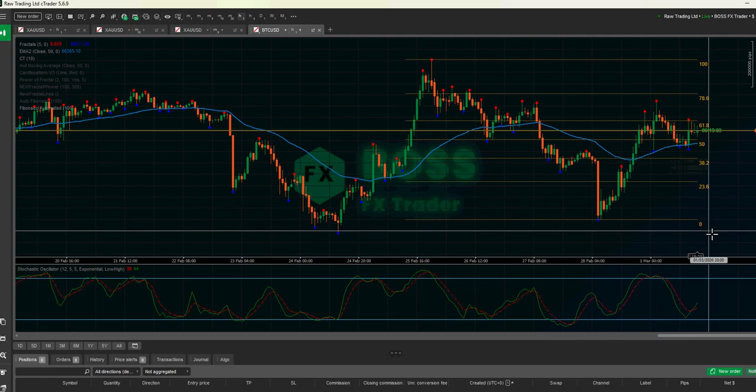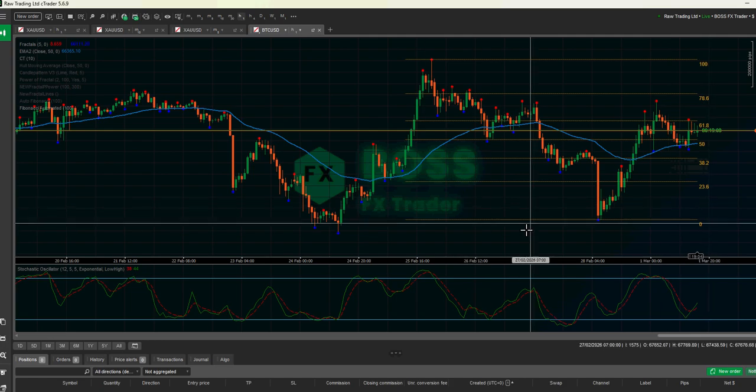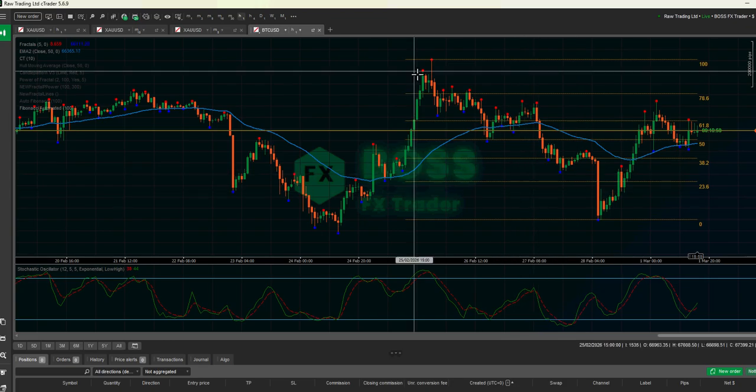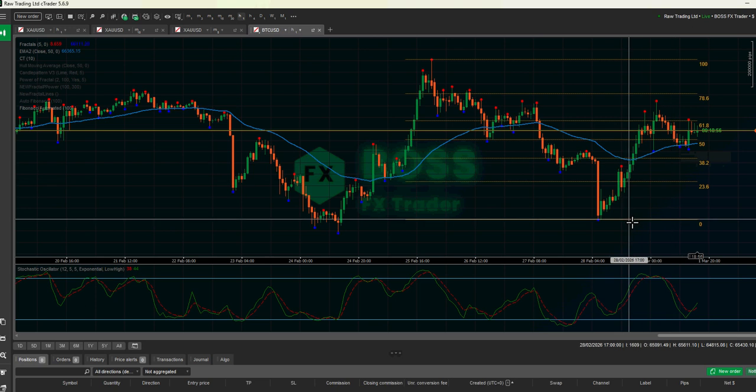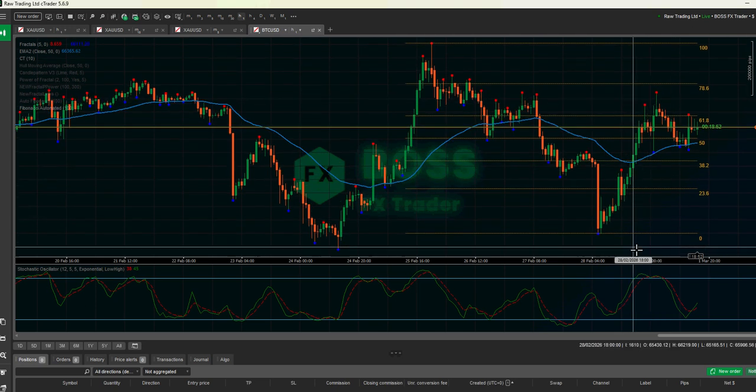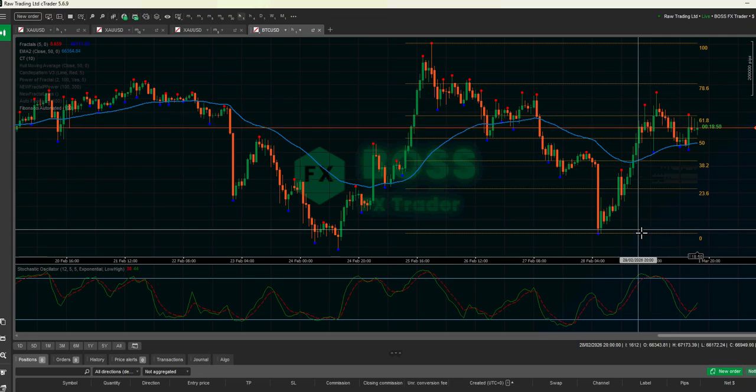All right. So there you go, this is it. Now I'm trying to check the BTC USD for this move, and as you can see, there you go.